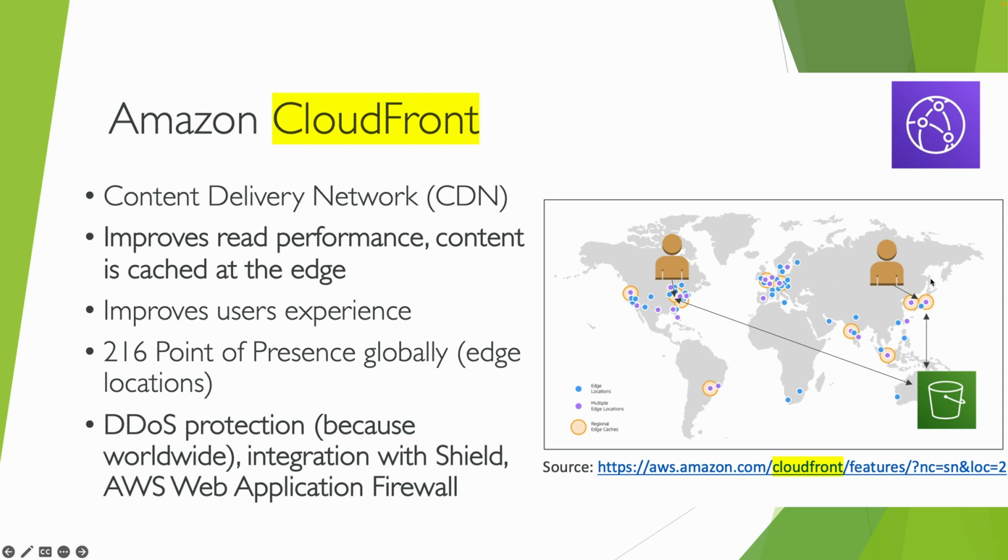These edge locations are spread all over the world. Whatever country you are requesting the data from, it will pick the nearby edge location and give you the fastest response from the edge locations.